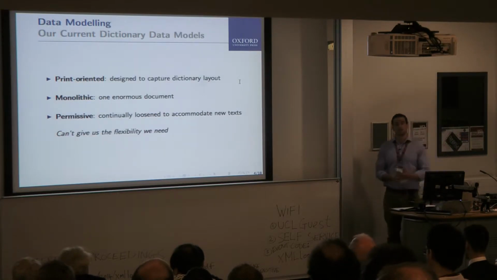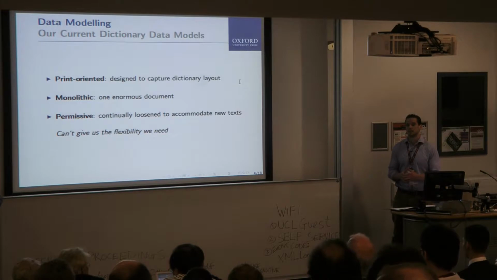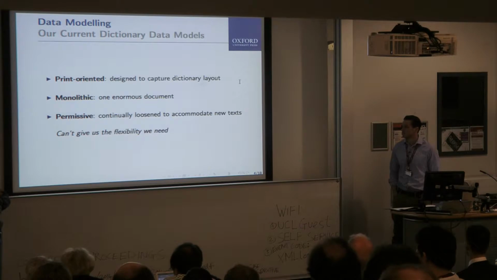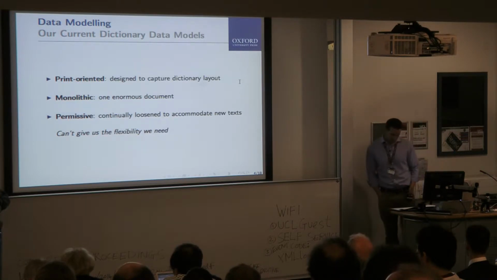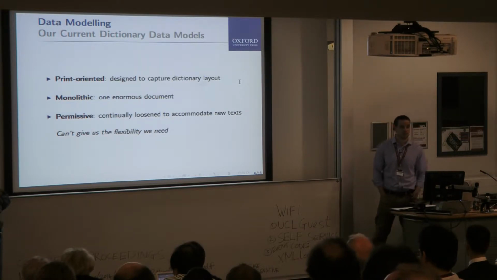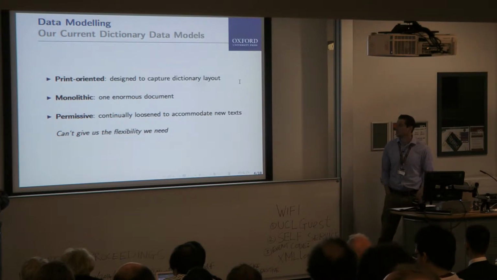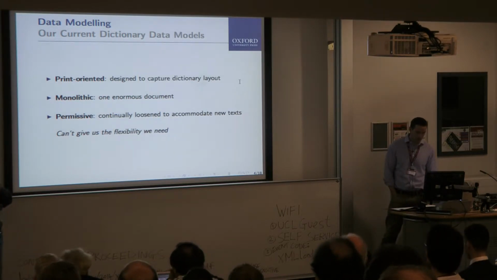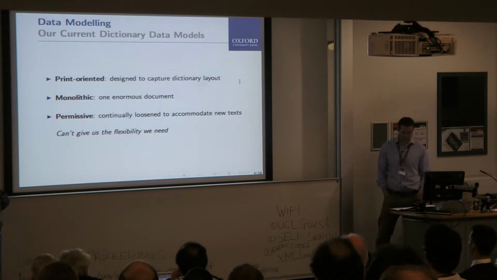So our current dictionary data models are represented in XML DTDs. These were designed years ago to capture a dictionary entry as it appears on a printed page. Over time, we've had to expand and loosen these data structures in order to accommodate a number of different dictionary texts, and this has come at a cost.